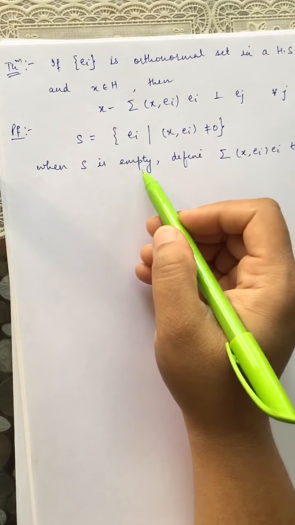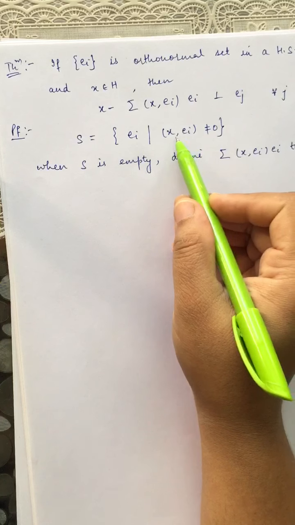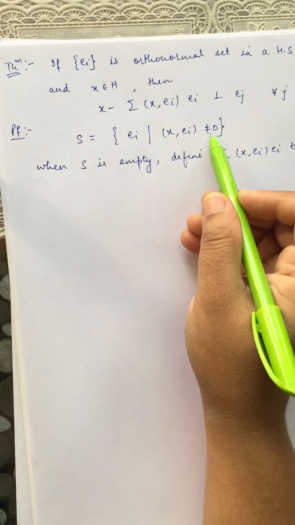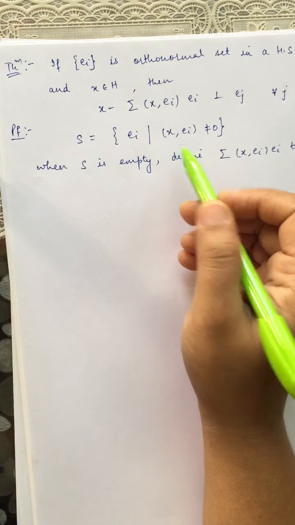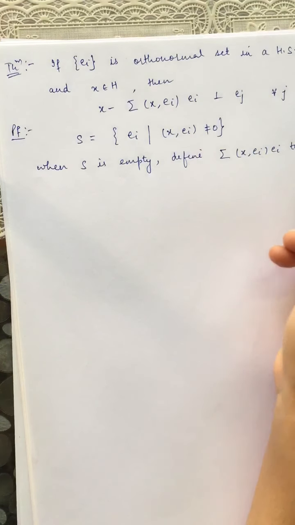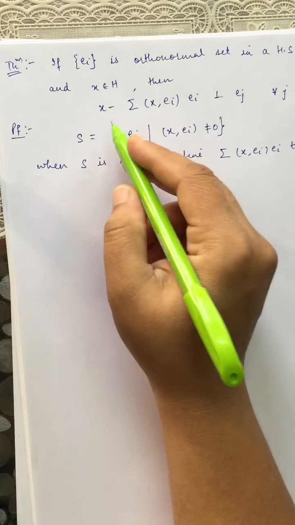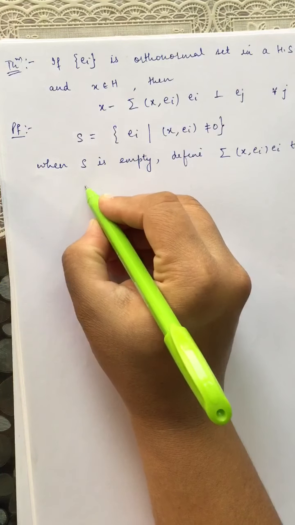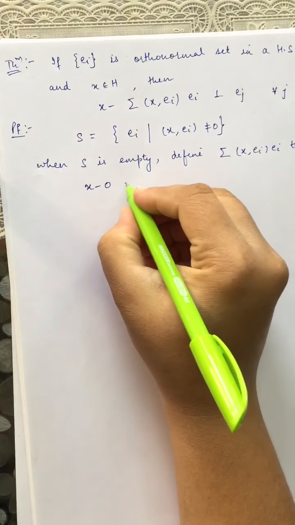And then if we put the value of the summation here, this x minus the summation becomes x minus 0, and x minus 0 is just the vector x.